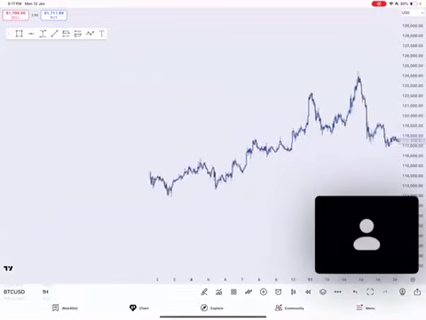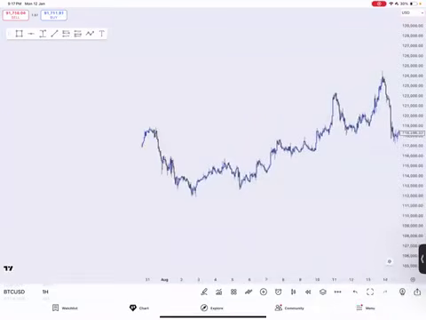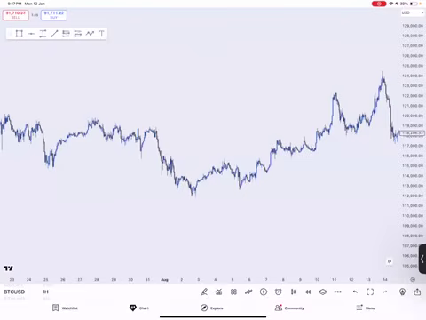Okay, good. First of all, we're going to talk about market structure. So what is market structure? Market structure is basically the current flow of the market, the current pattern or the flow that price uses to approach one level in the market or another.